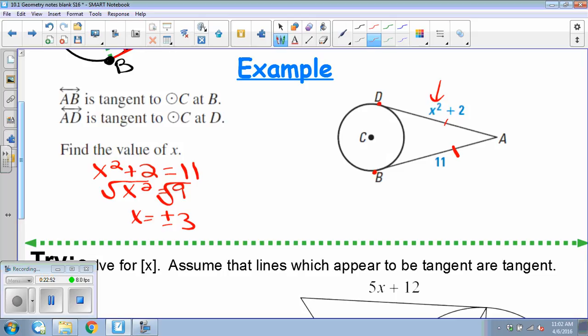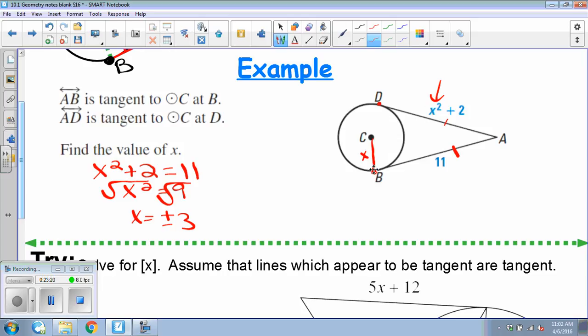But for example, if I added something to the diagram and told you that the radius was x, that would be unnecessary information to actually find x. But if they told us that this radius was also x, then can that be negative 3? No. So if that piece of information was on there, then my answer would only be positive 3.